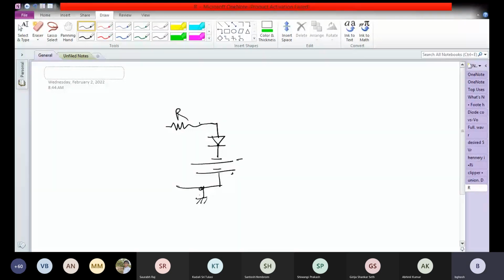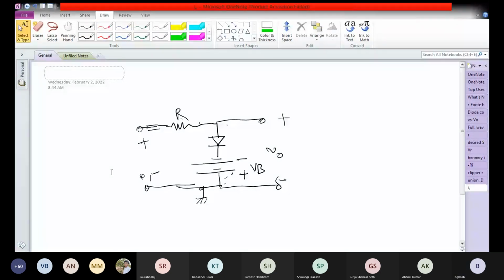So this is again my VB, VO is across R, and this is my VO. What will happen? Draw the waveform.